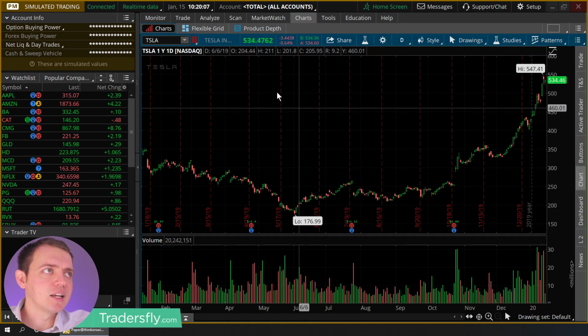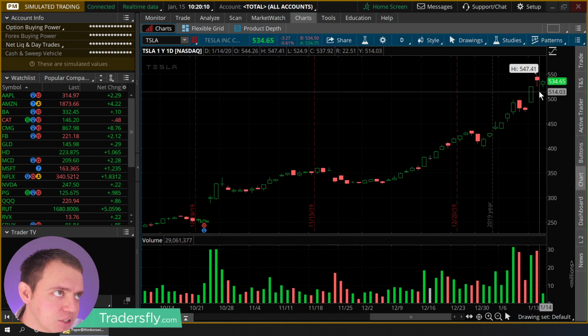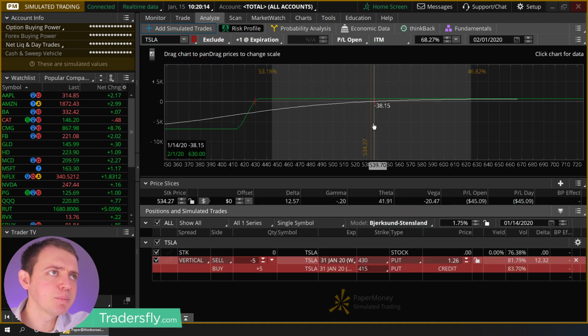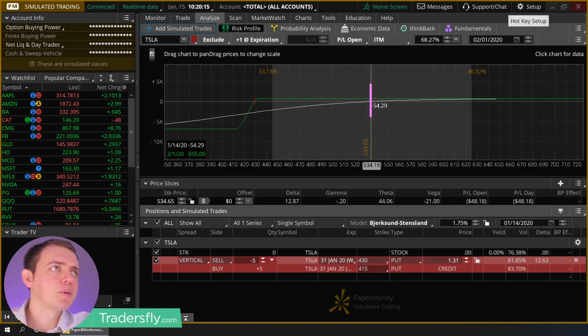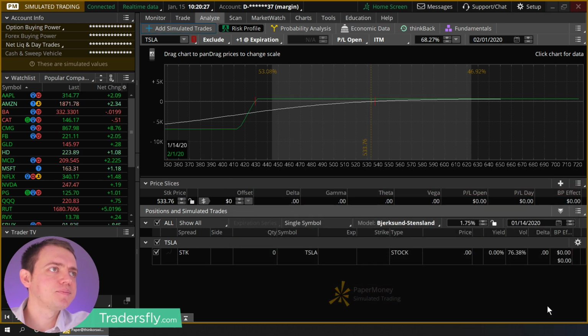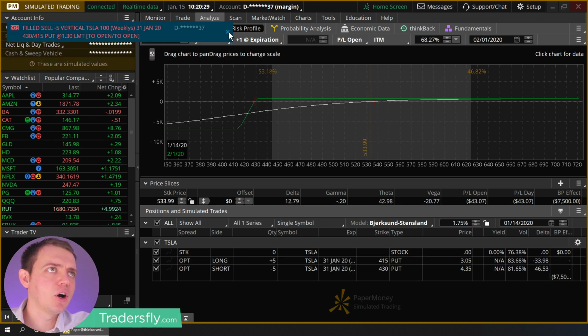Tesla continues to skyrocket, but it's around 535. As I put this position on, here is our price and here is our strike, so the range that it has to move is quite a lot. Let's confirm and send this in, put this position on.